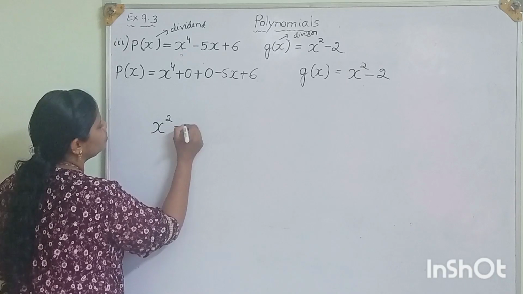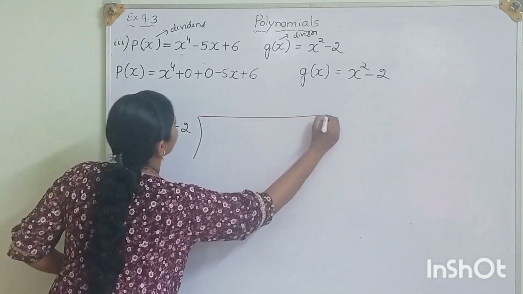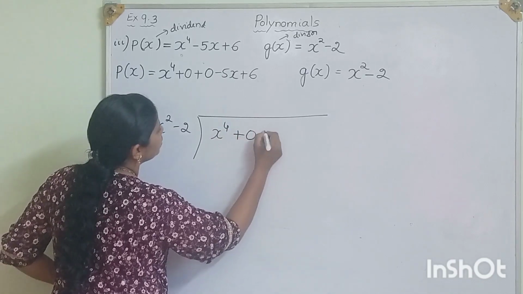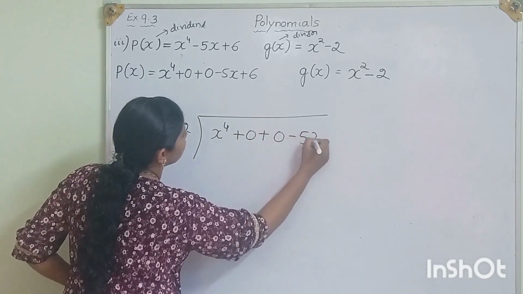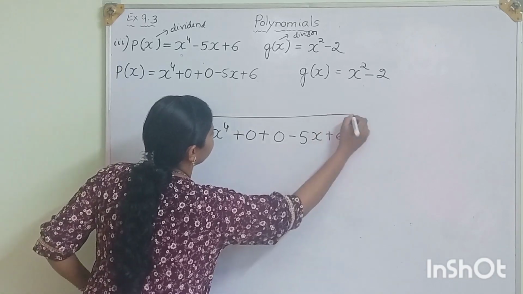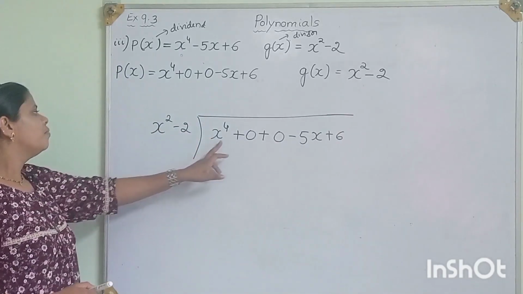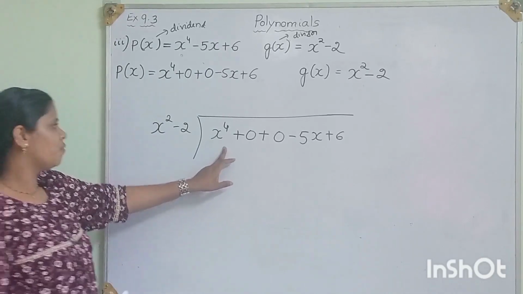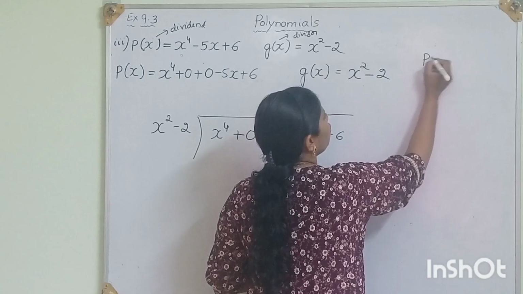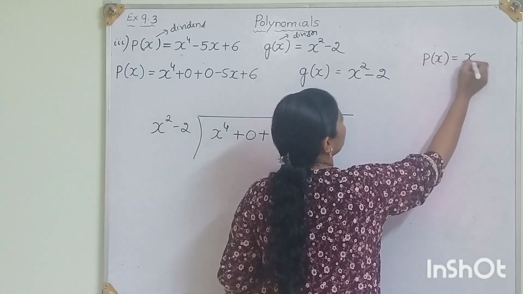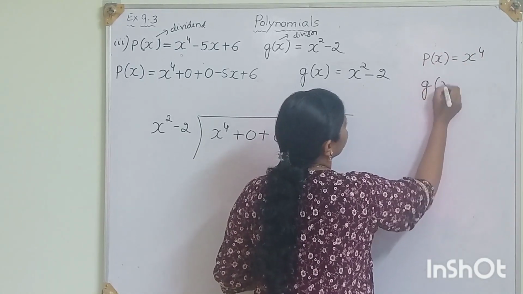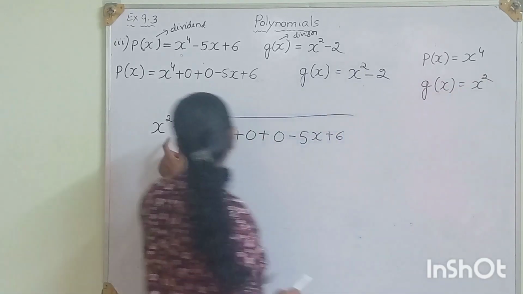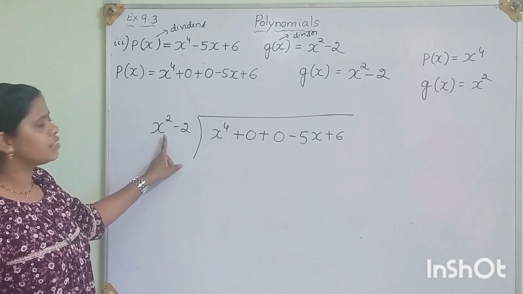Now let us divide this. X square minus 2, x to the power of 4 plus 0 minus 5x plus 6. Which is the first term of P of x? That is x to the power of 4. And the first term of G of x is x square.